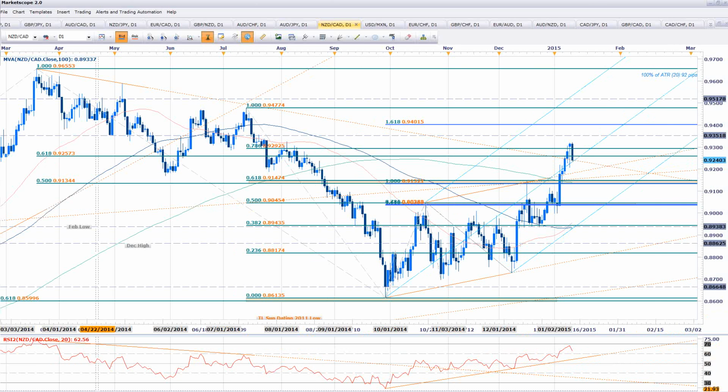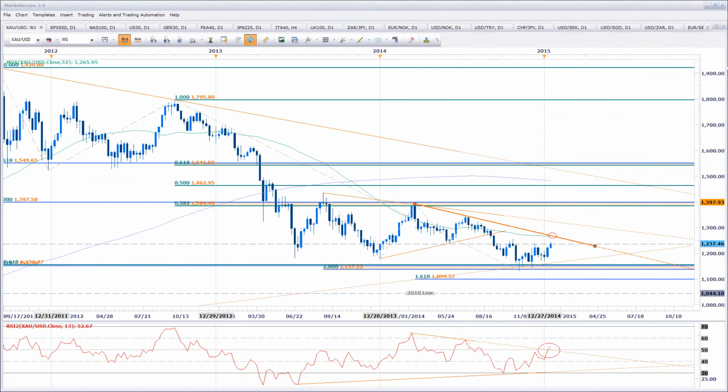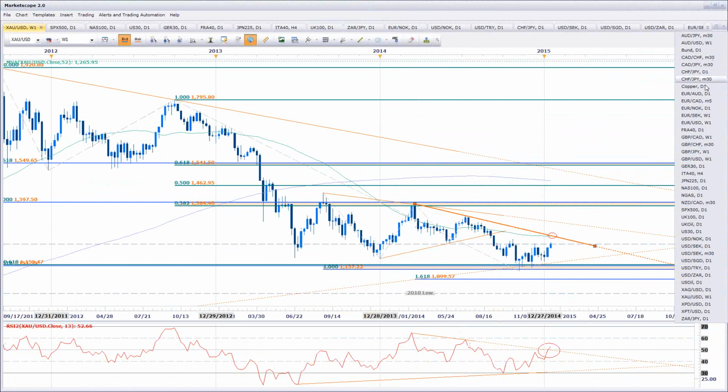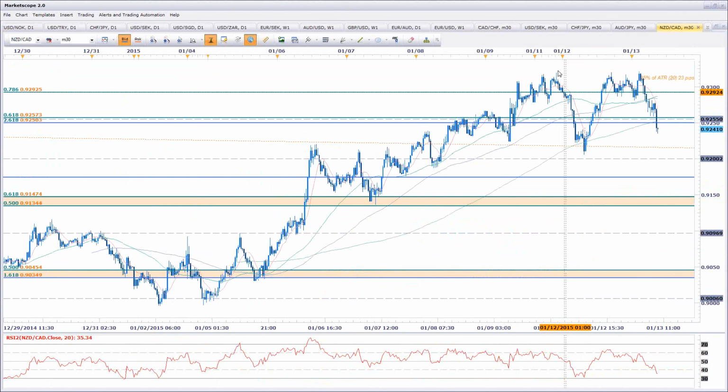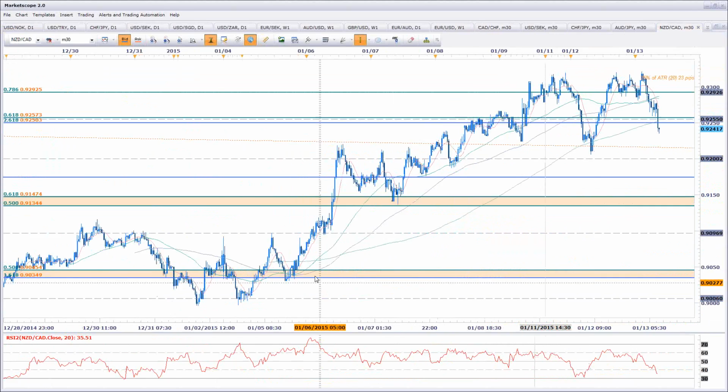I think I need my other charts. Okay, here is the weekly open. You can see I haven't updated this chart in some time, guys, so just bear with me.